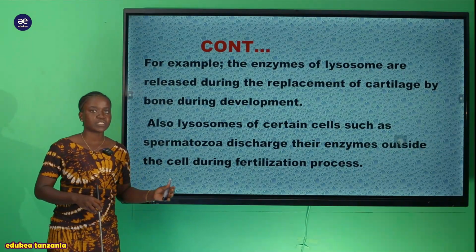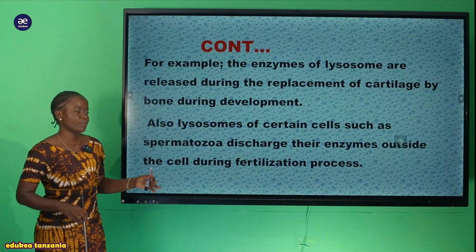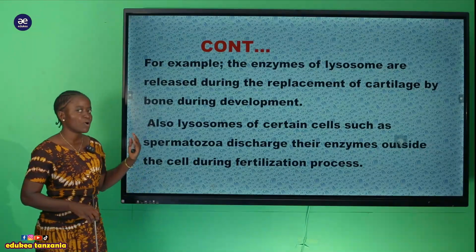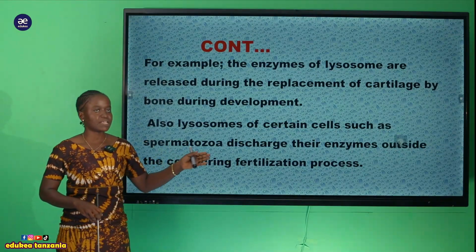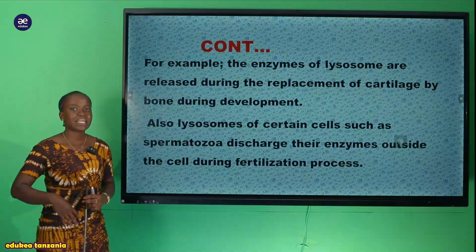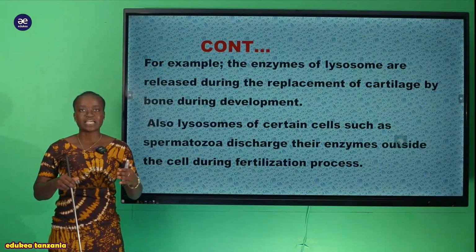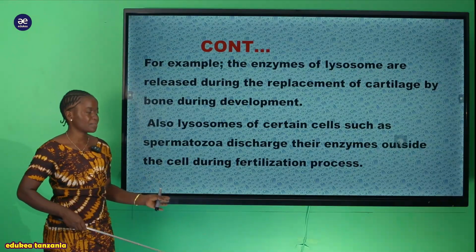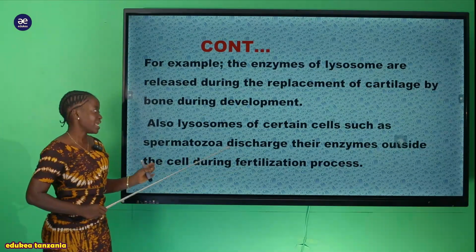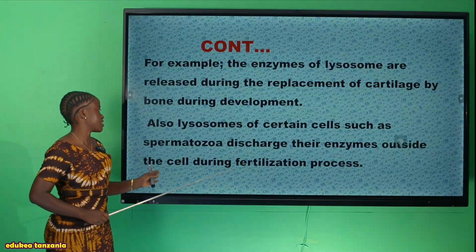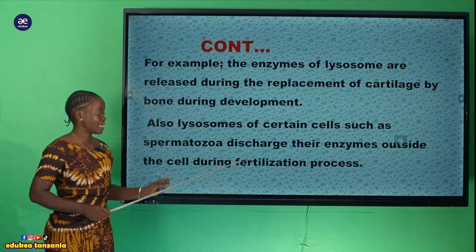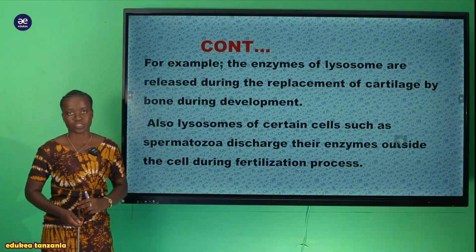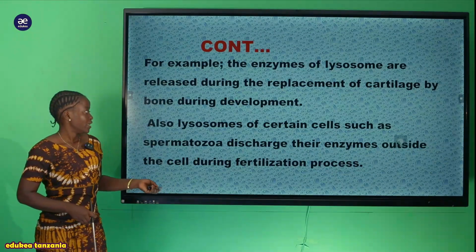We're going to discuss it in a broader way when we reach the topic of reproduction: how does the discharge of these enzymes outside the cell help to digest the fertilized egg and so on? So here you only have to keep in mind that lysosomes of certain cells such as spermatozoa discharge their enzymes outside the cell during fertilization.